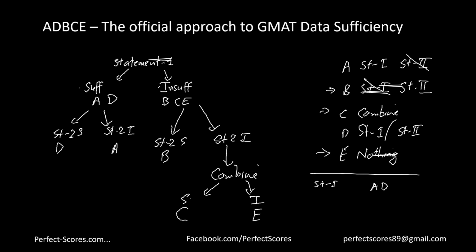That means your answer is either A or D. Even if you're stretched for time, you can still take a guess and say, my answer is 50-50, I have less time, let me pick D and move on. And if statement 1 turns out to be insufficient, that means your answer is B, C, or E.